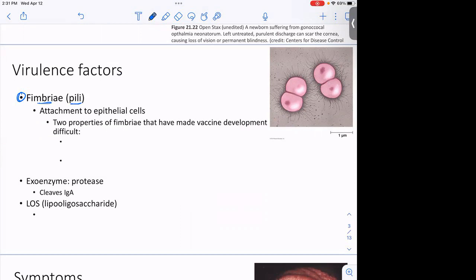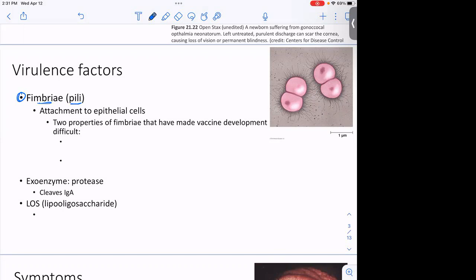They're both made of the same protein, pilin. Oftentimes, for whatever reason, when we're talking about gonorrhea, we call them pili. I think your book calls them fimbriae, but the genes are like pilA, pilB. So whichever you call them, pili or fimbriae, they're for attachment. So the cocci can attach to the membranes of the genital tract.